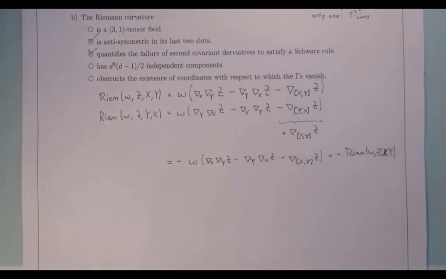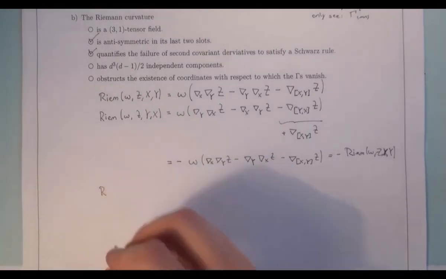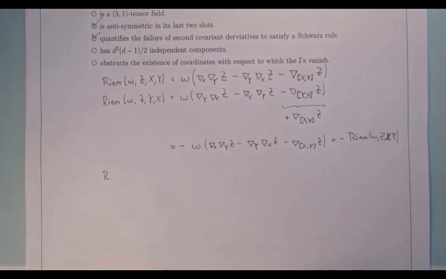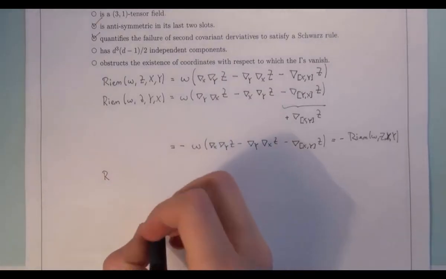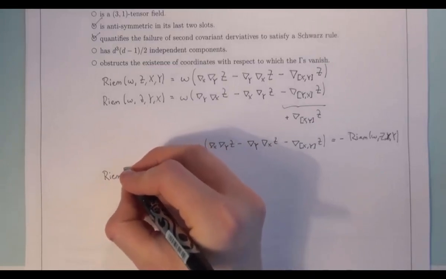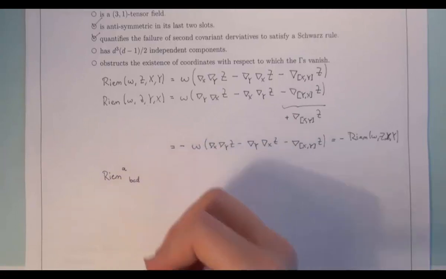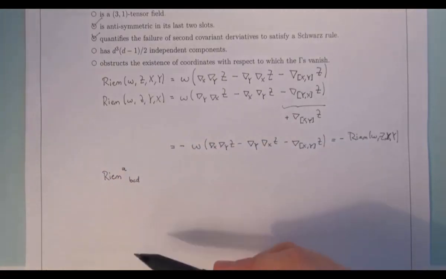So we therefore have to look at the component representation in the chart. We know that the Riemann curvature is a 1-3 tensor field, so it has index A up and B, C, D down.